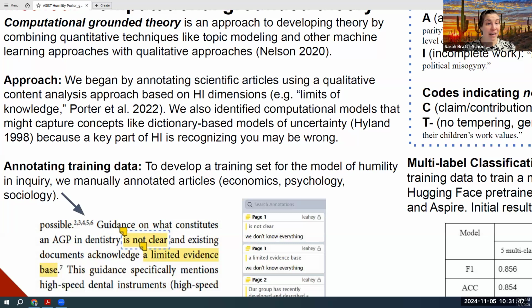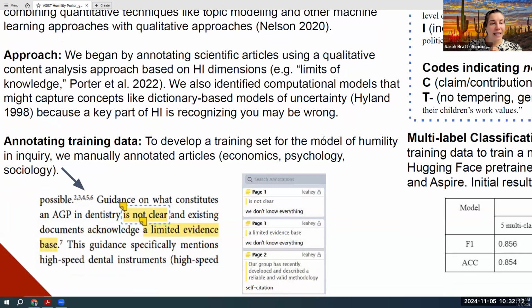And part of that could be an indicator of humility. So we can use these computational approaches in addition to our grounded theory inspired approach. It's not like strict grounded theory. Some people would say that a lot of the grounded theory we take is inspired by the original ethnographic approaches. But here we take this grounded theory approach to HI.